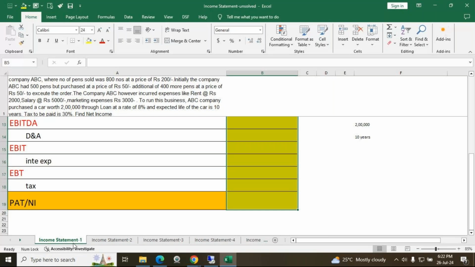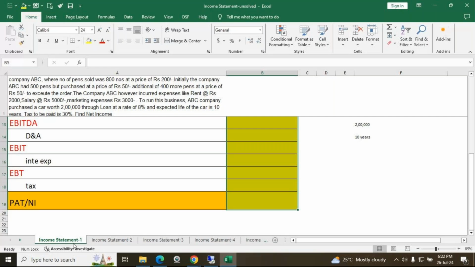So can you tell me what operating expenses or direct expenses are? Any expenses made regarding the business you are conducting. If I have to make pens, I'll have to buy raw materials. These are direct expenses.